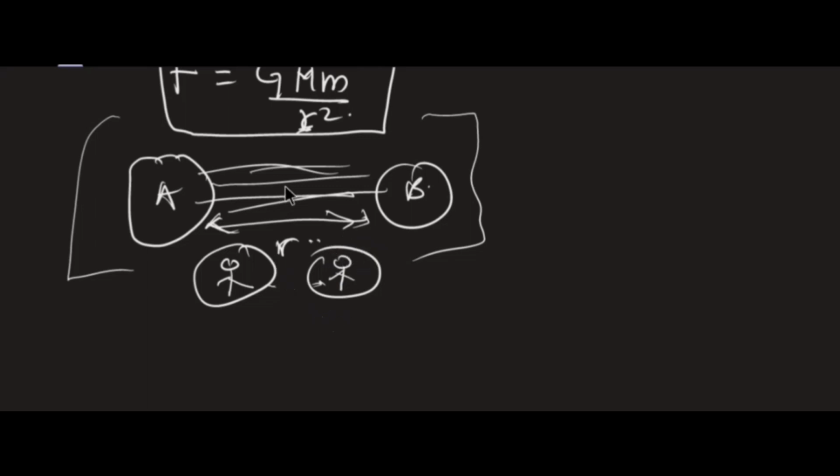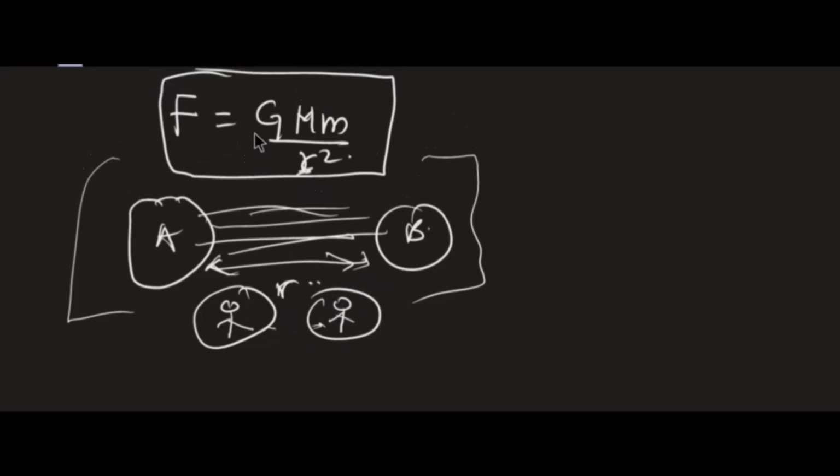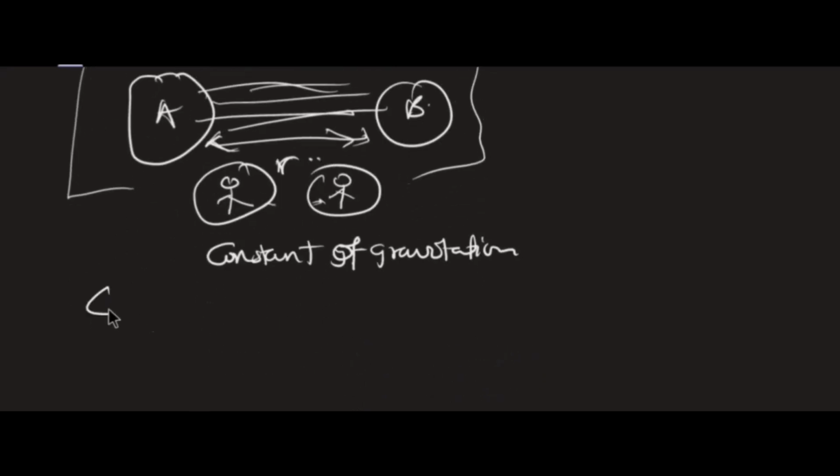Now, let's talk about the parameters. You can see G here. G here is what we call the gravitational constant or constant of gravitation. And it has a value. So G is equal to 6.673 times 10 to the power negative 11 meter cube per kilogram second squared.